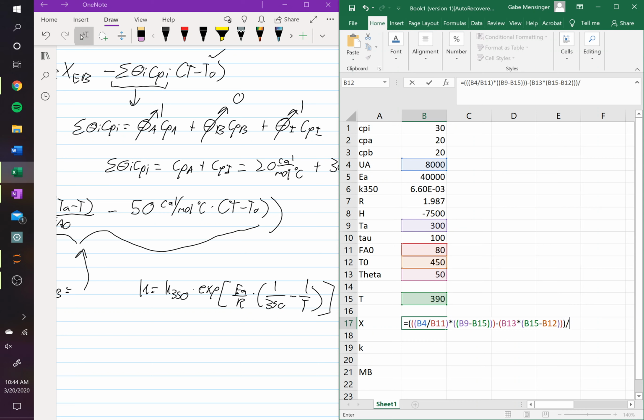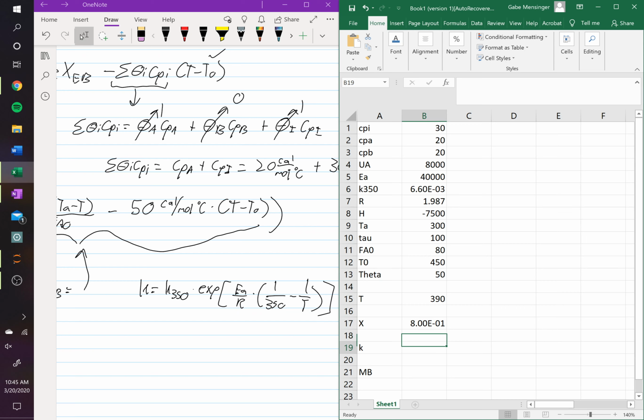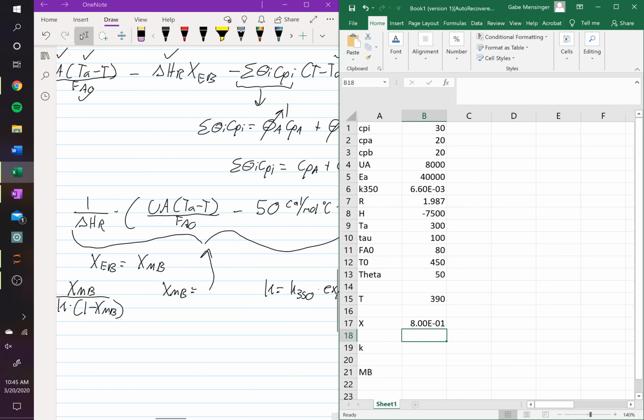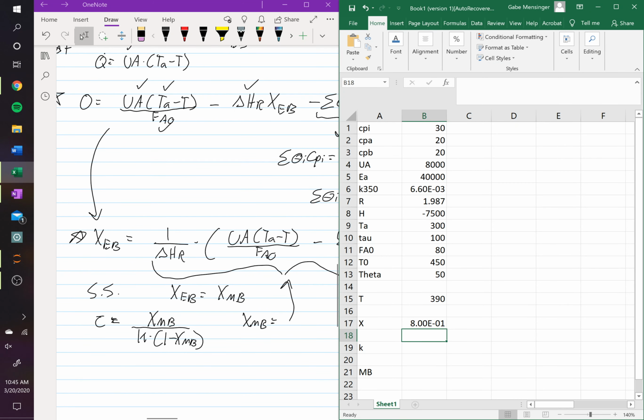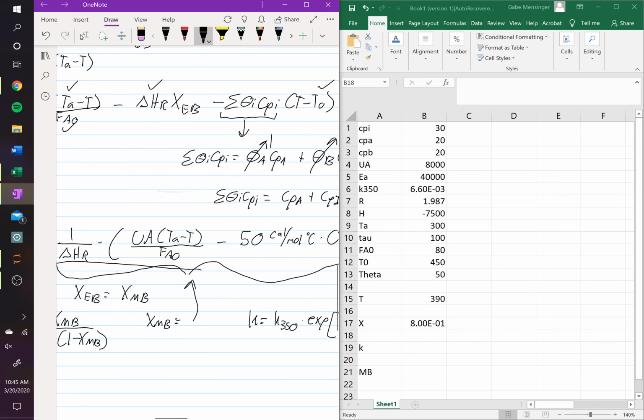Then divide that whole thing by delta H. Sorry if that was a little confusing because I was confusing myself. Basically, this term right here is my energy balance equation.